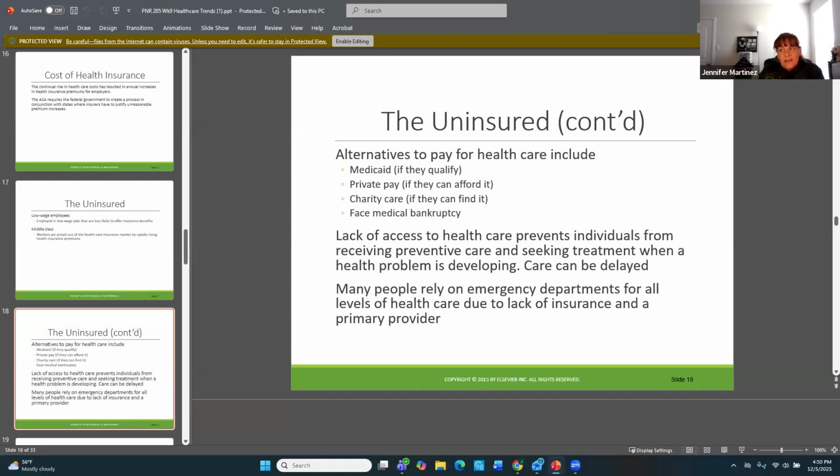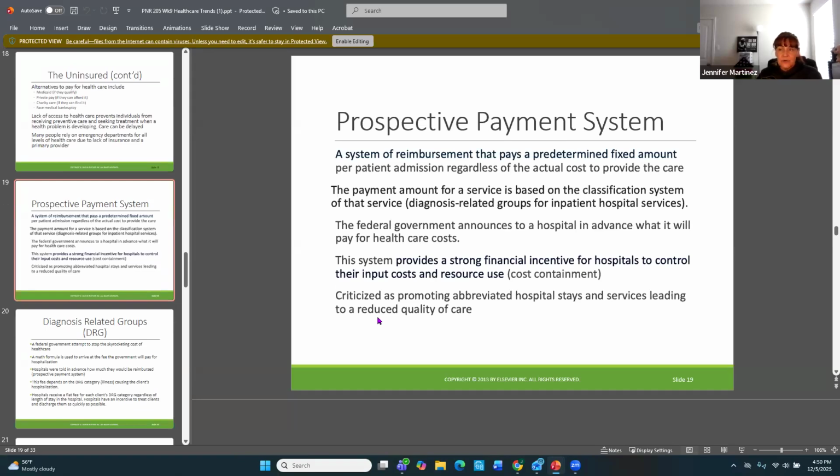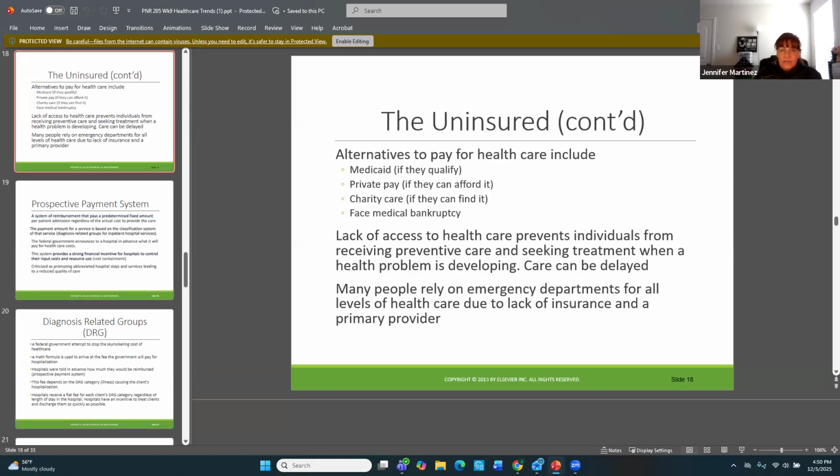The cost is astronomical compared to using a primary care provider. But again, if we still don't have health insurance coverage, and we don't have a primary health care provider, people are going to do what they need to do in order to get the care that they need, right?